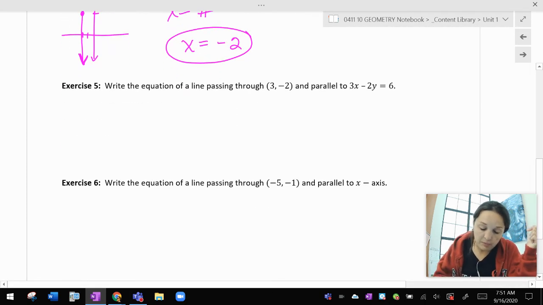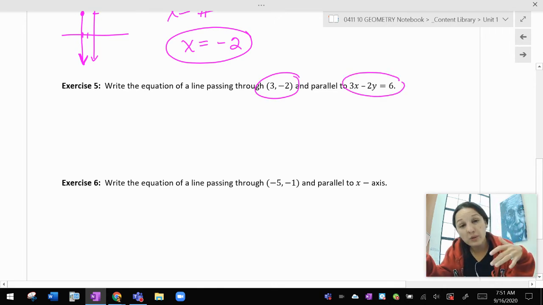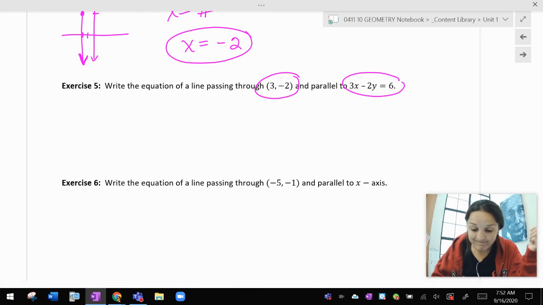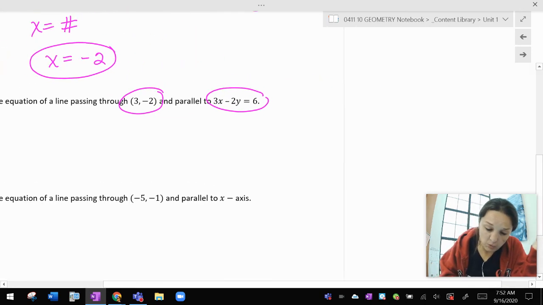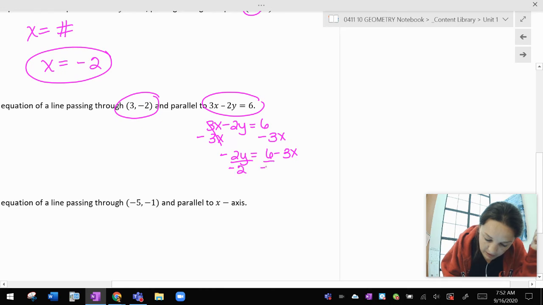Write the equation of a line passing through this and parallel to that. Well, parallel things have equal slopes, so I need the slope of the line right there. Yeah, it's not in y equals form. Let us get it in y equals form. So 3x minus 2y equals 6. I'm going to solve for y, so I'm going to subtract 3x. I'm going to divide everybody by negative 2. 6 divided by negative 2 is negative 3.